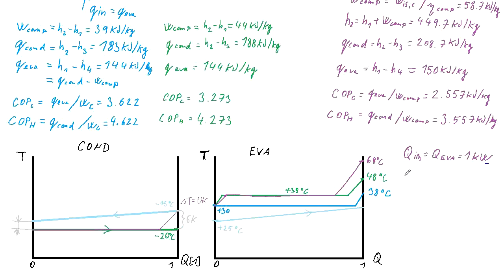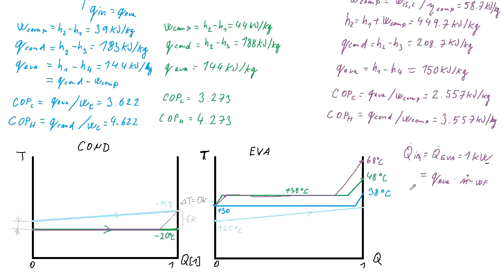So we can get the mass flow rate of the working fluid because the Qin is also the unit heat transfer in the evaporator multiplied by the mass flow rate of the working fluid, of the refrigerant.